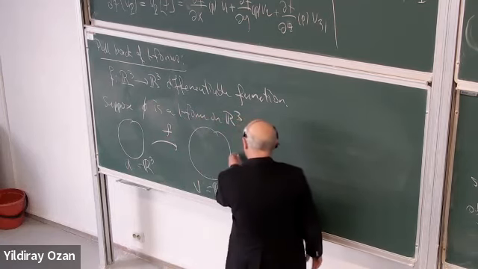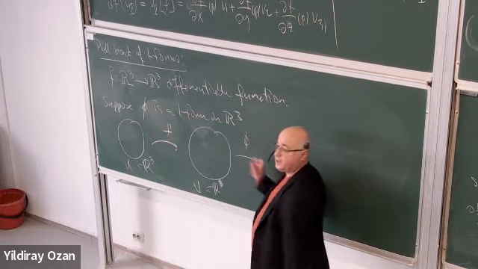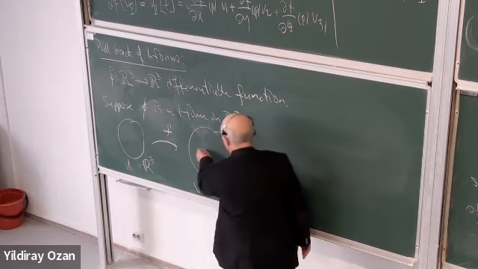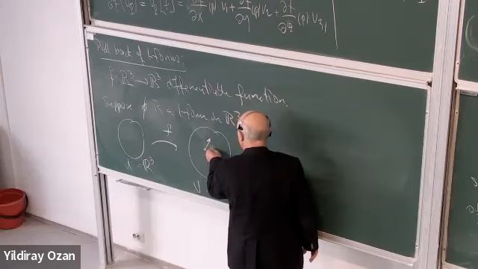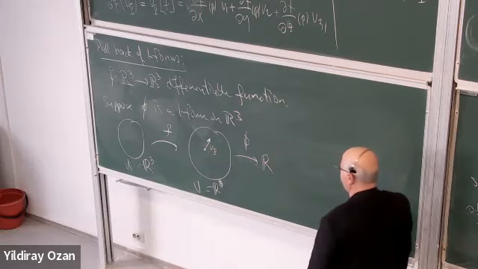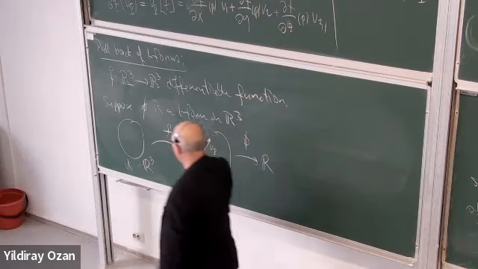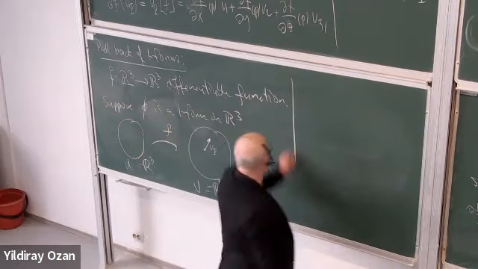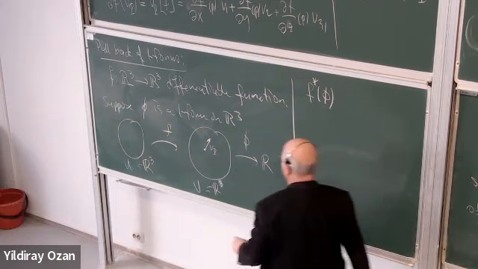So a one form here eats vectors and gives us real numbers, right? Whenever you have a vector, this guy eats that vector and gives us a real number. And I would like to consider the pullback of this. Now, the pullback of this gadget is defined this way.